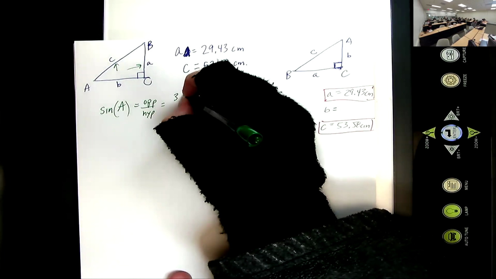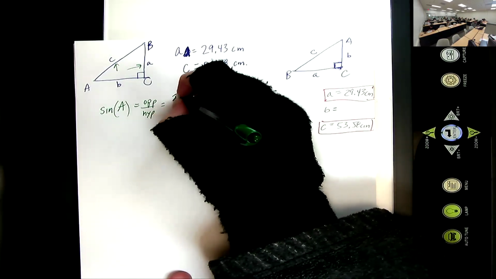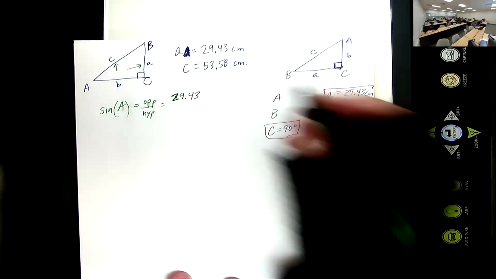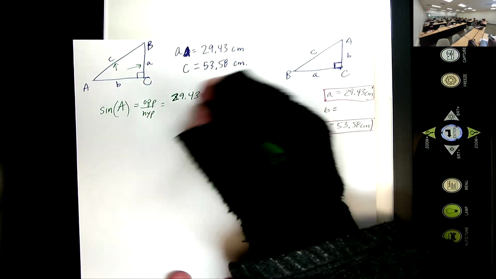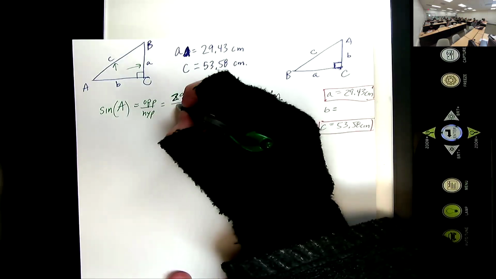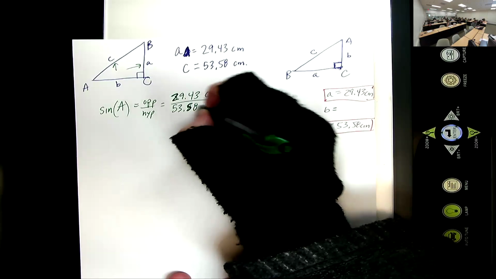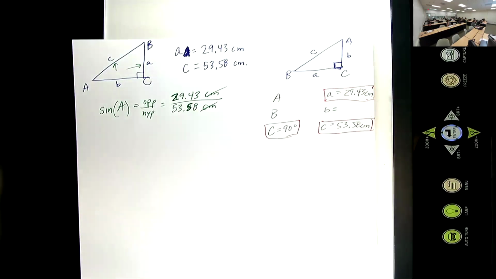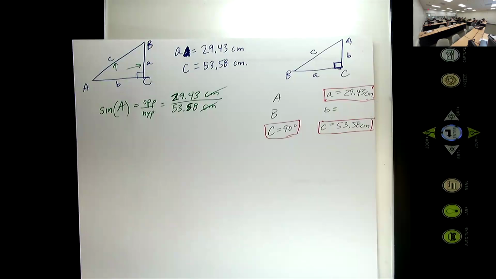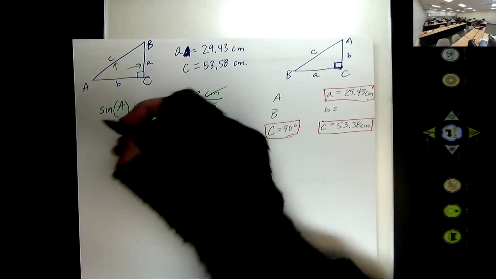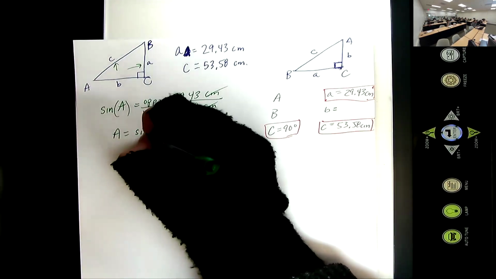So 29 point, oops, that's not a 29, that's a 29.43 centimeters over 53.58 centimeters. You'll notice that the centimeters cancel each other out, and we know we're gonna end up with degrees. And this looks like we have to do that sine inverse.